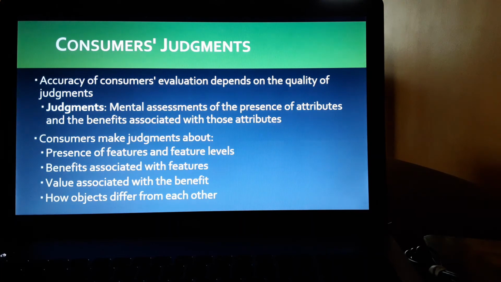So consumer judgments essentially is how accurate are people's evaluations, and that's one thing that marketers are really interested in. They want to understand what the difference is between how the customer perceives your product and how the product really is. So they might perceive, for example, the food at Chipotle to be not healthy. Perhaps a perception that's gotten out there.